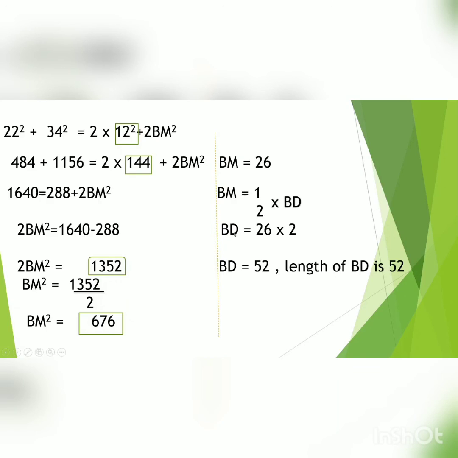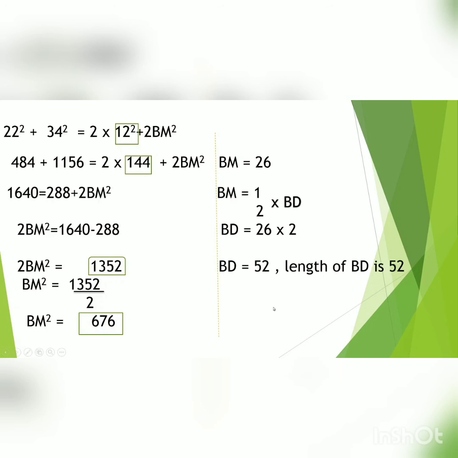Therefore, BD is equal to 26 into 2. After multiplication, you get BD is equal to 52. Therefore, the length of second diagonal BD is 52.